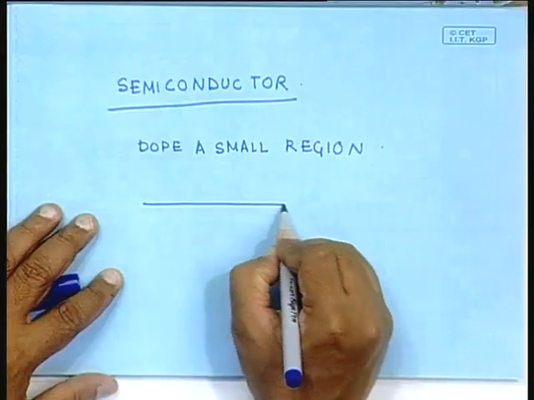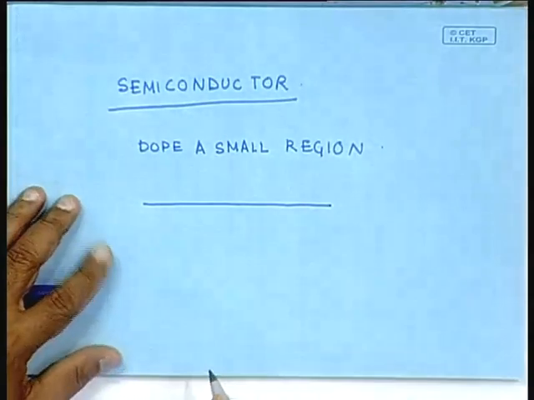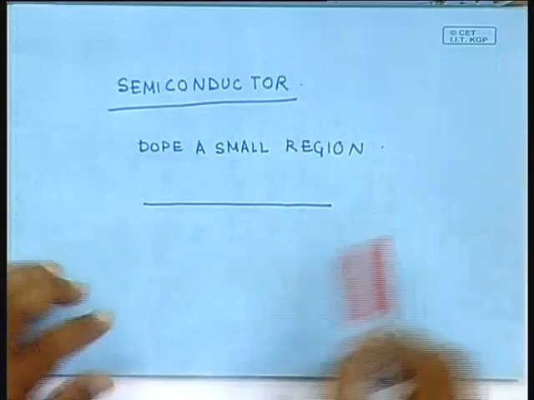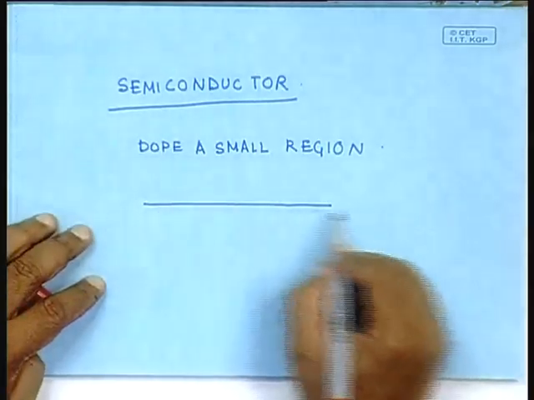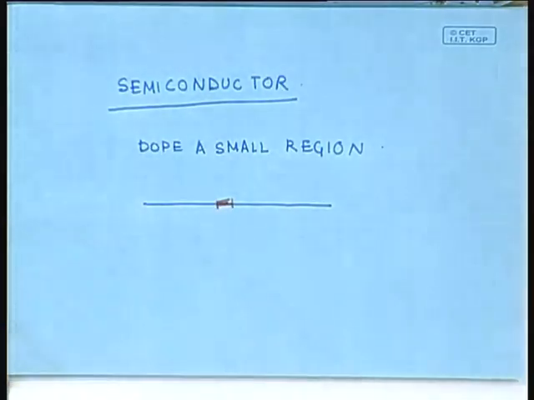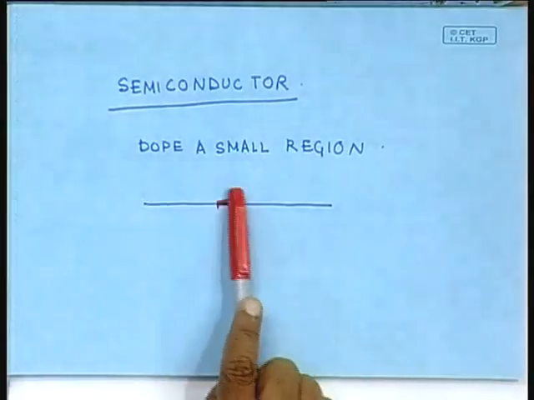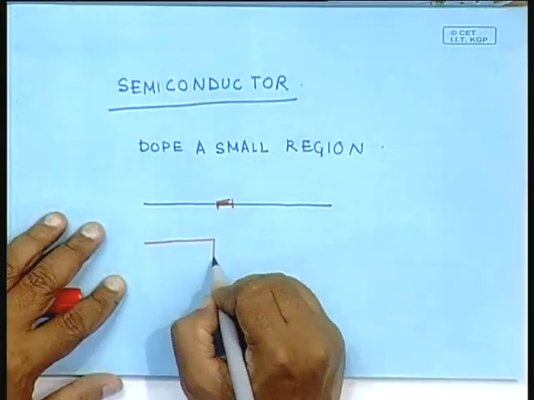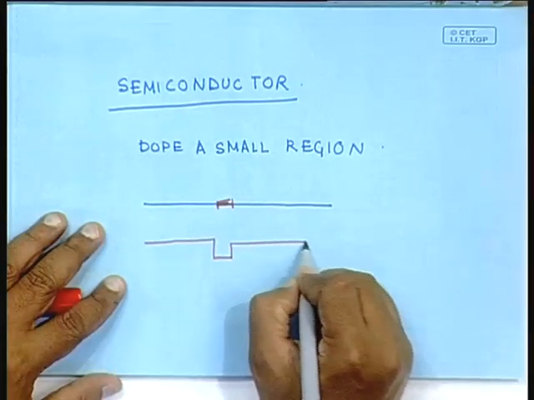potential. I am just going to draw a one-dimensional representation. In general, it's going to be two-dimensional, three-dimensional, but let me just draw a one-dimensional representation. So this is a semiconductor, and we have doped this part. So an electron or a hole, whichever is the charge carrier, is going to have a different potential in this region, and if you draw it, the potential is going to appear higher over here.